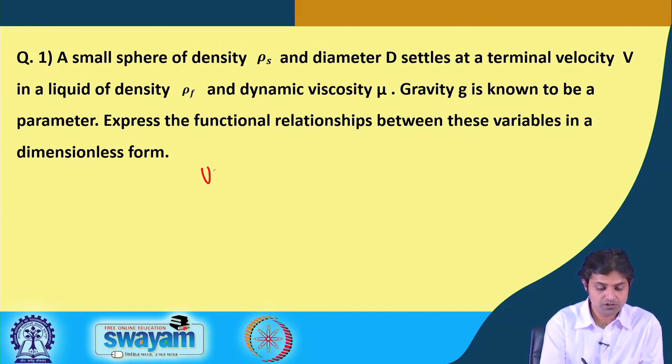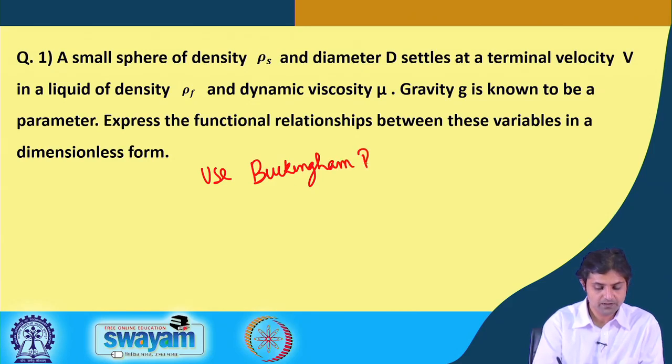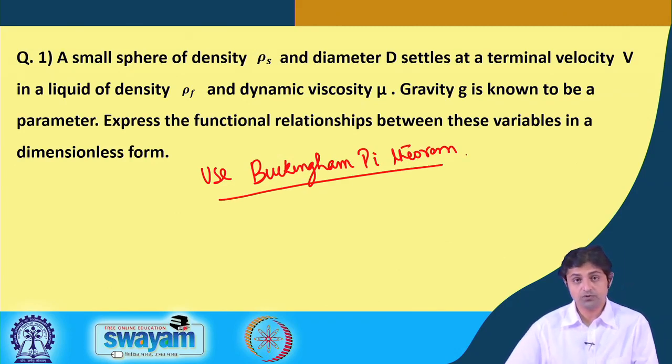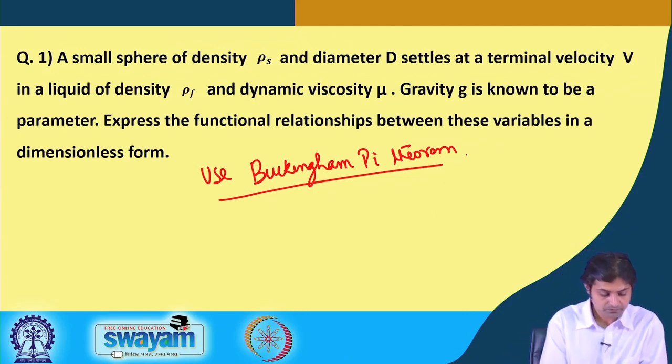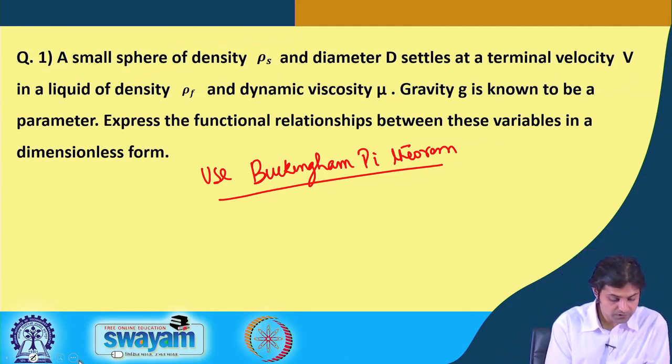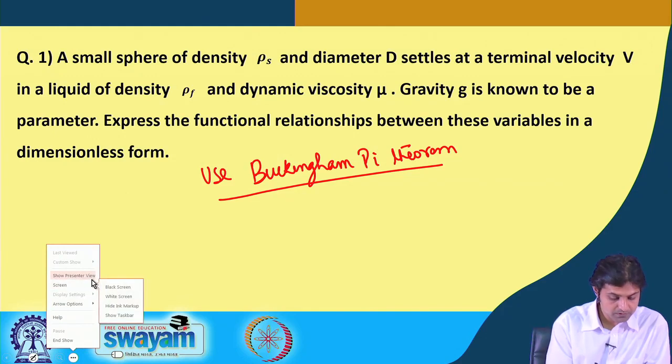We will use the Buckingham pi theorem. I just want to solve this problem so that you are able to practice a little more. All right, so we are going to the white screen.